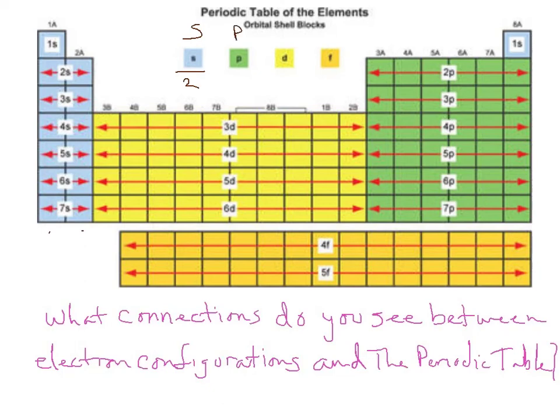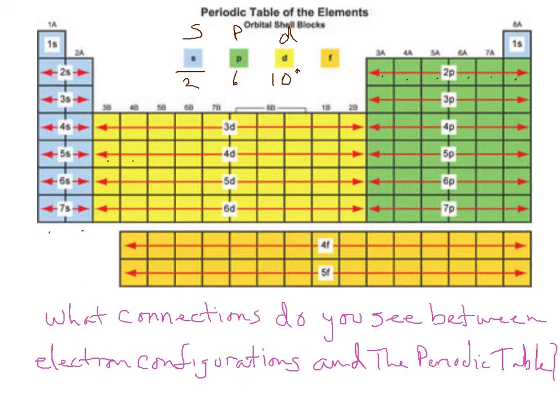How about this one? This is your P, that's green. I can hold 6 electrons in the P: 1, 2, 3, 4, 5, 6. Holy smokes. Maybe there's a connection between the periodic table and electron configuration. Let's do D. D can hold 10 electrons, right?